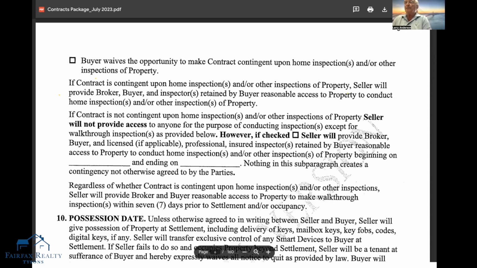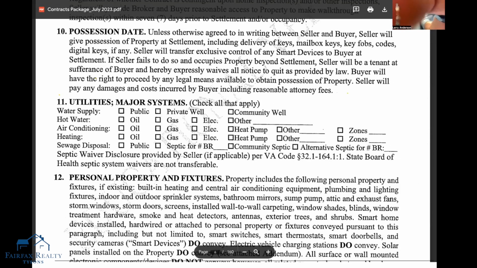And Larry, can I ask you one more thing here? Absolutely. It's called as is condition home, because recently I saw this more and more. The listing agent put as is condition in the remarks section.